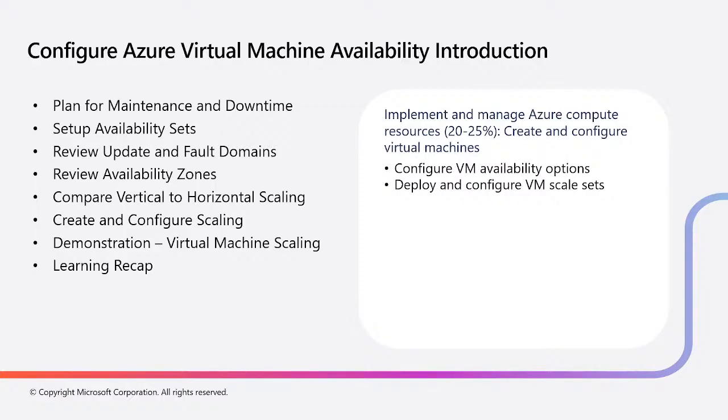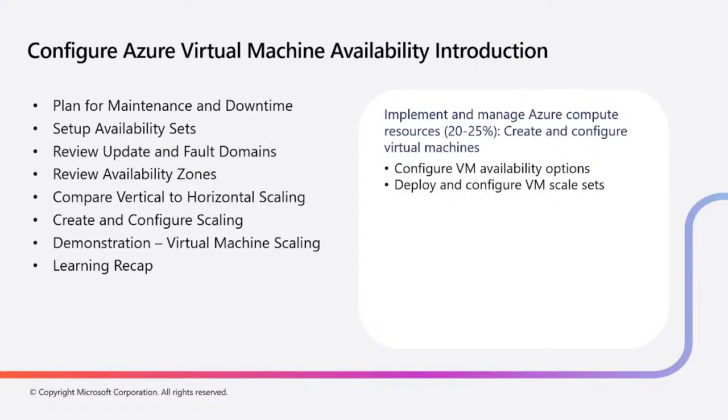A few weeks back, I'm sure I asked you to differentiate the two types of domain that we have when it comes to the availability set. The update domain and fault domain, the collection of both makes up what we call the availability set.